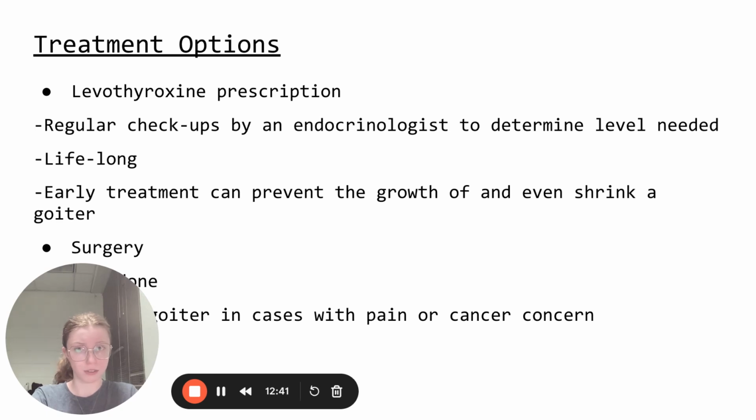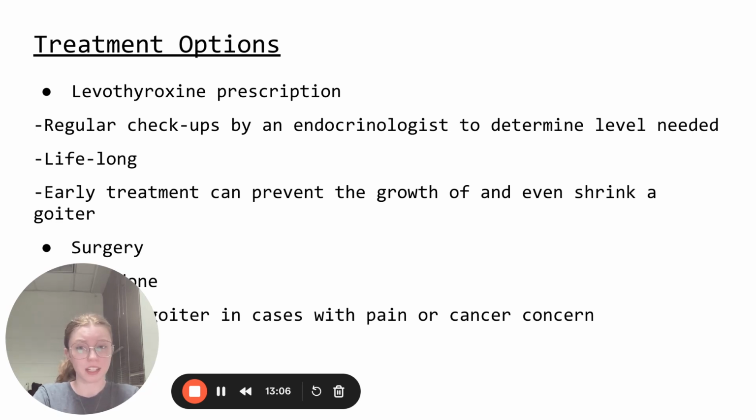You do not go off of it once you go on it. You are going to continue losing your thyroid, and they are going to continue replacing its function with this medication. Getting on levothyroxine relatively early can prevent having a goiter and even shrink one a whole lot better than getting on it much later.